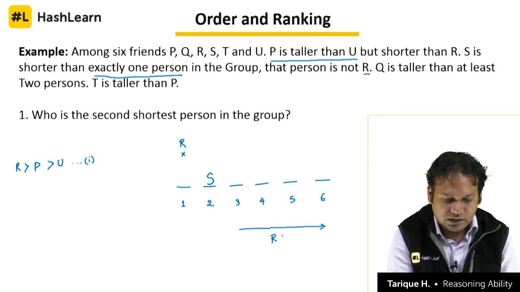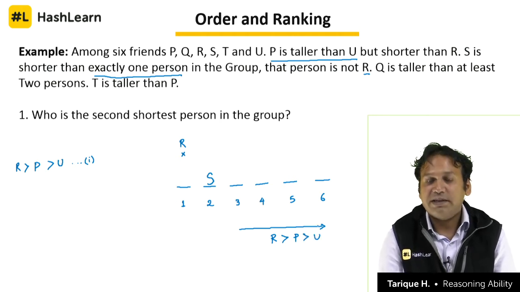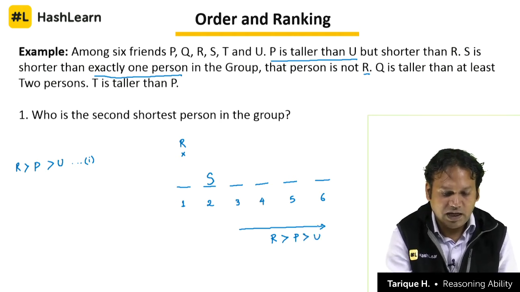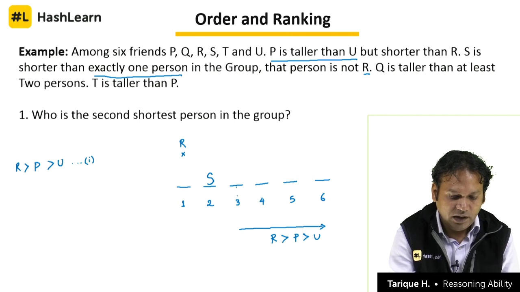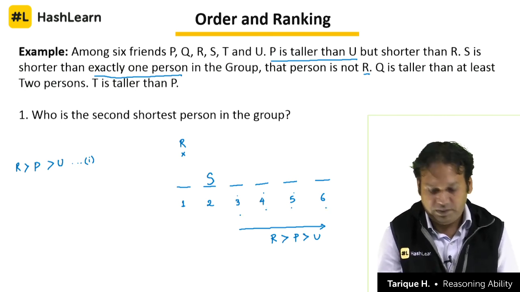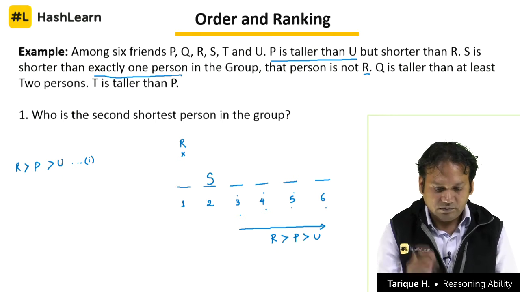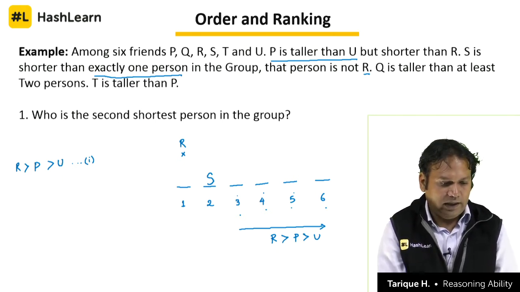R, P and U all must come below S, and there are two possibilities: R in the third one, P in the fourth and U in the fifth one, or we can do R in 3, P in 5, U in 6. Okay, let's see.